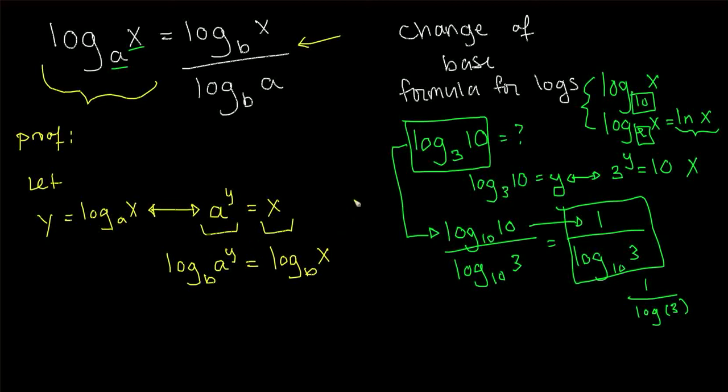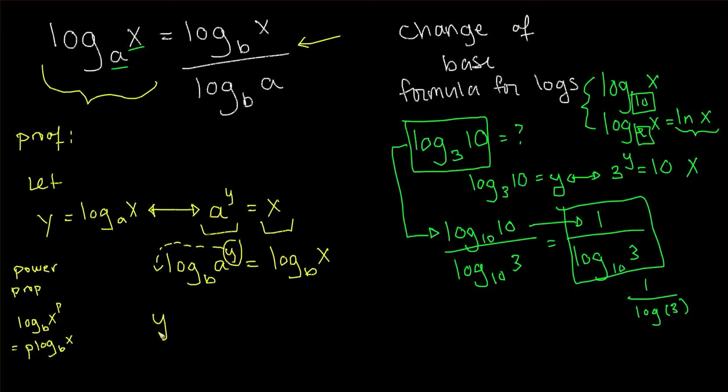Now let's use the power property. The power property says that if we have log base b of x to the p, we can rewrite it as p times log base b of x. Basically that exponent comes down. We apply the power property and put the exponent out front.